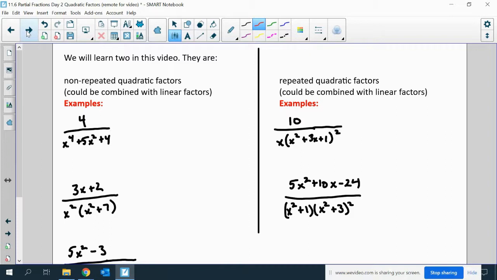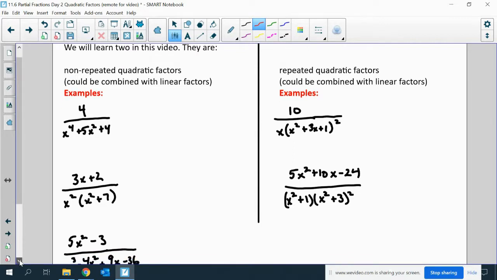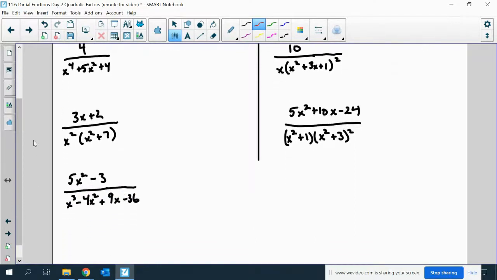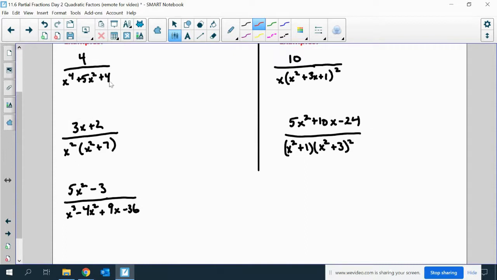But we're going to learn two more things in this video. We have some non-repeated quadratic factors, and we have repeated quadratic factors. For the non-repeated quadratic factors, it may not be as obvious, so we're going to factor the denominator. When we factor the denominator here, we get x squared plus 1 and x squared plus 4.